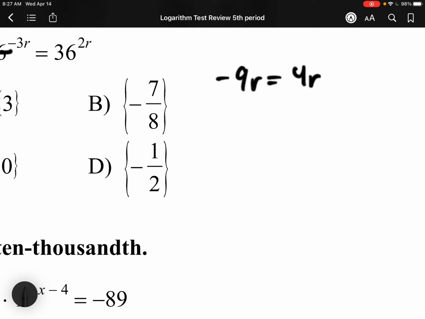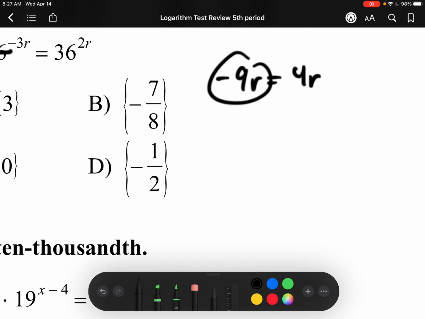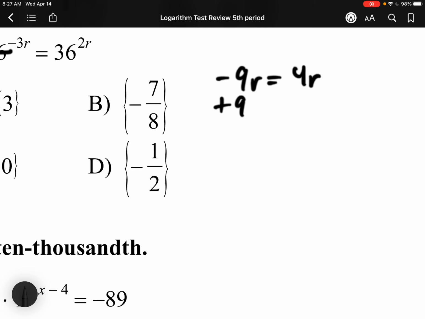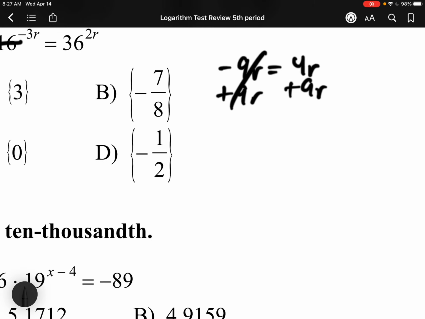condense our variables to just one variable. The way we're going to do that is first we're going to add 9r to both sides, right, to get rid of this, so plus 9r. Now, negative 9r plus 9r is 0, right? So we have 0 is equal to 4r plus 9r, which is 13r.